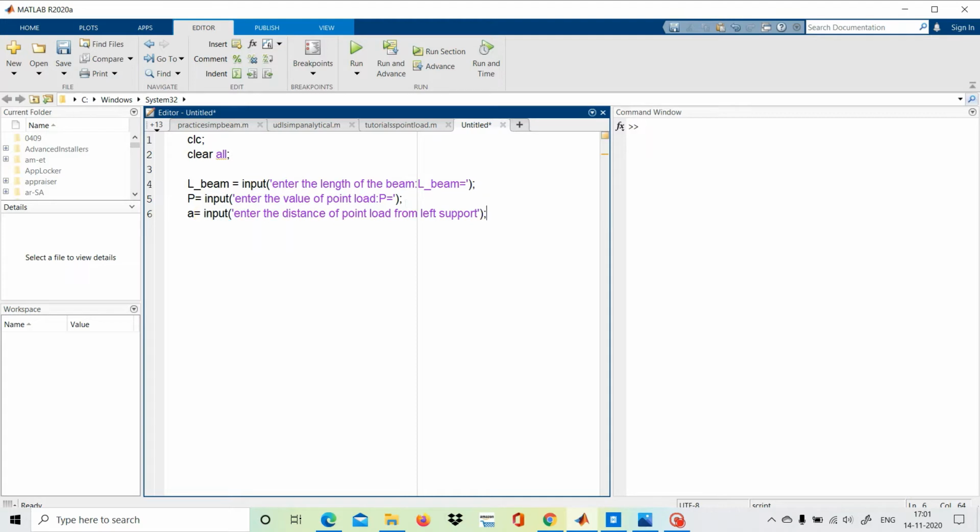So we will write that there. The length L, P, and a we have given.